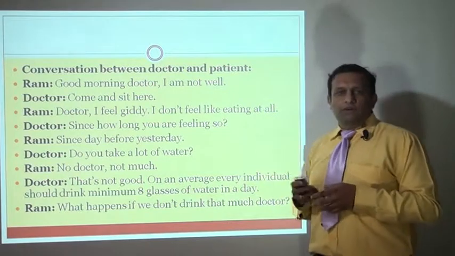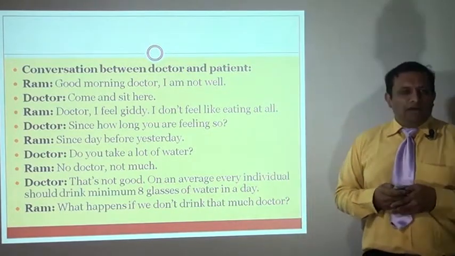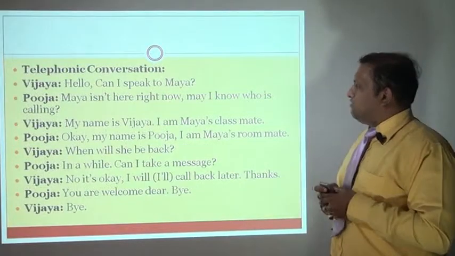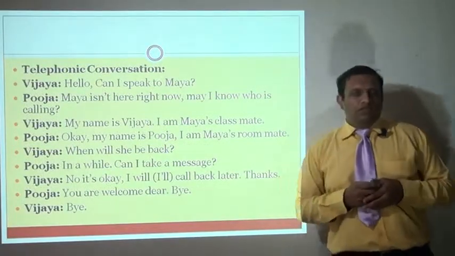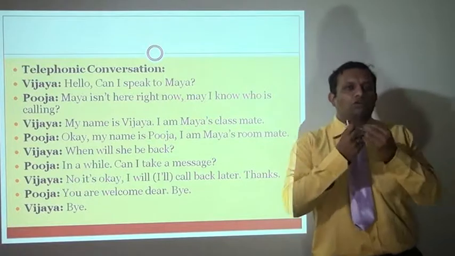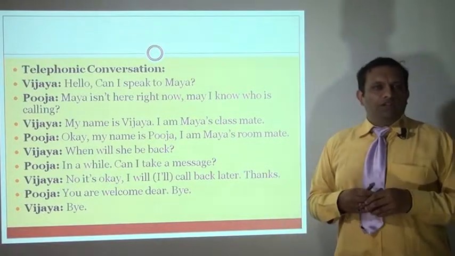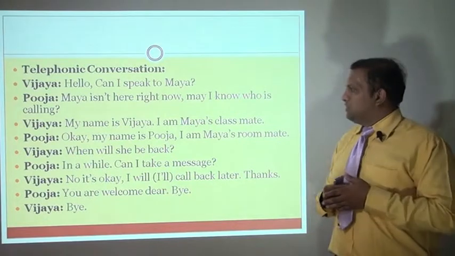Conversation between a doctor and patient is in the same manner a very fast-forward conversation. Telephonic conversation is another conversation wherein the tone of a person or the voice accent conveys everything to a person who is listening on the other side of the phone.